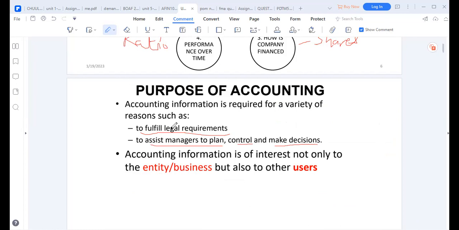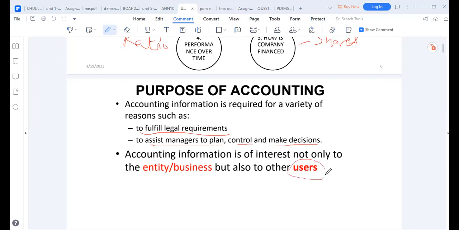So that is a legal requirement. Also, the purpose of accounting is mainly to assist managers, who are the internal users of accounting information, to plan, to control, and to make decisions. So accounting is of interest to the business and to the users. So we're going to classify these as internal users and external users.